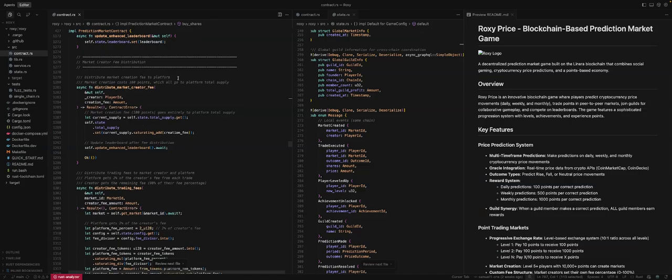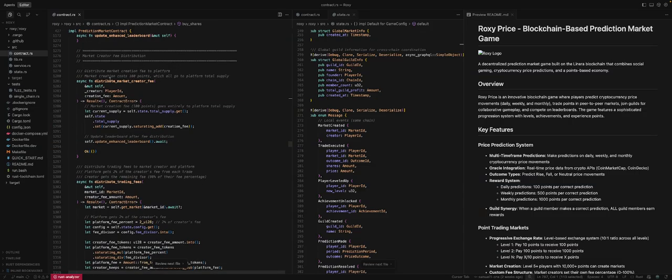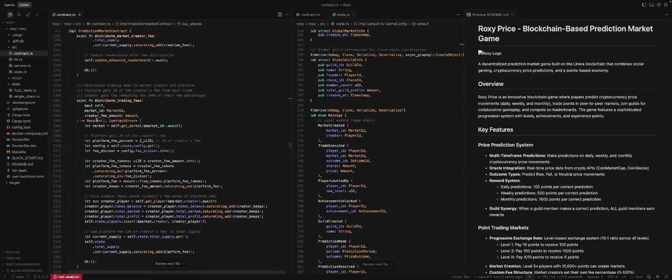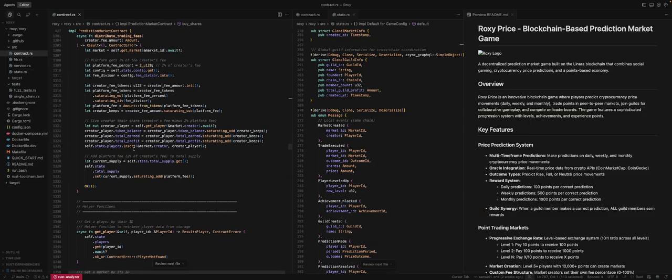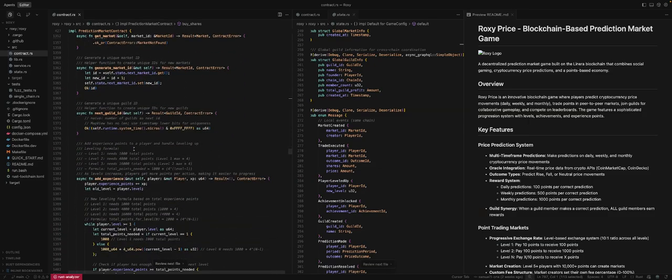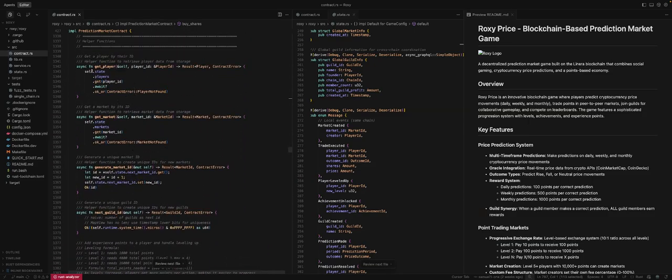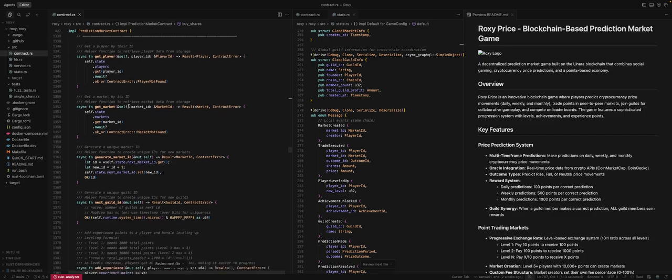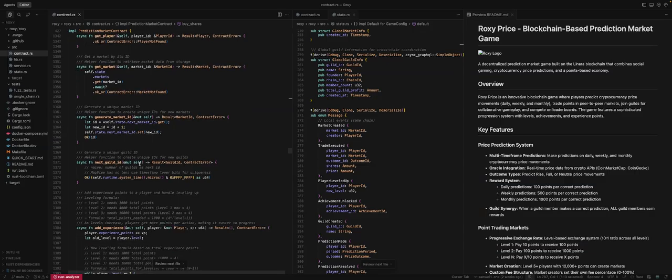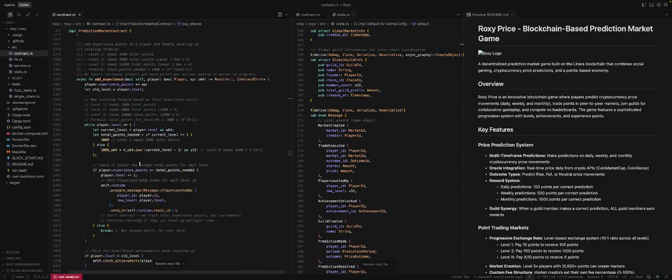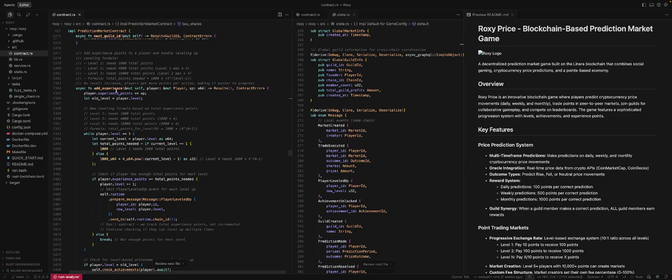Distribute market creation fee to platforms, and these are all internal functions that handle some cases of fee distribution. And this is just internal, not a query function. It is just to get the player ID at the smart contract level for certain uses in the contract.rs. And yeah, so cool.